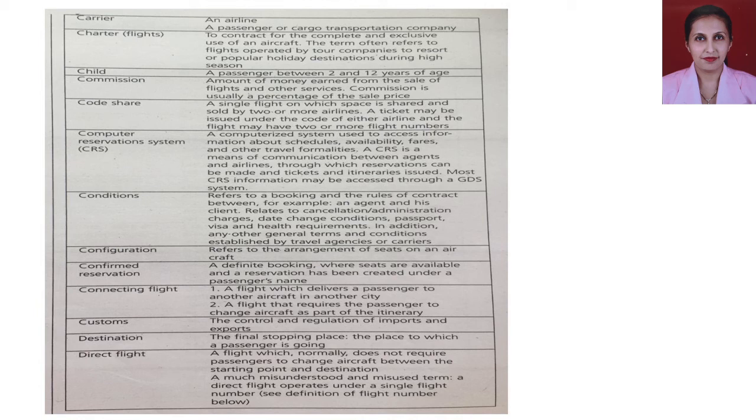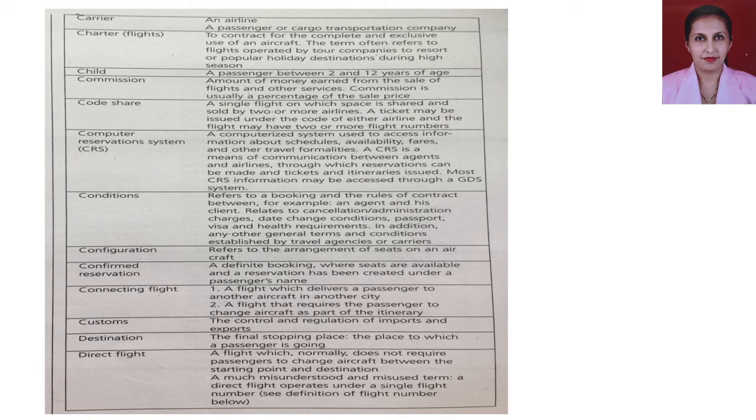Okay. A much misunderstood and misused term. So this term, direct flight, is usually misunderstood and misused. A direct flight operates under a single flight number. Okay, so we also have to remember that a direct flight like Mumbai to Dubai operates with a single flight number. Okay, if there are two flight numbers, means it is not a direct flight.